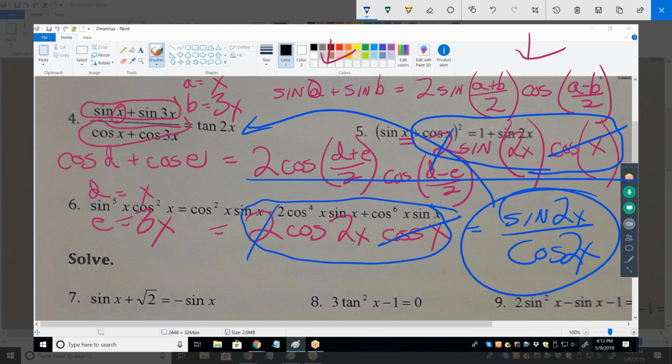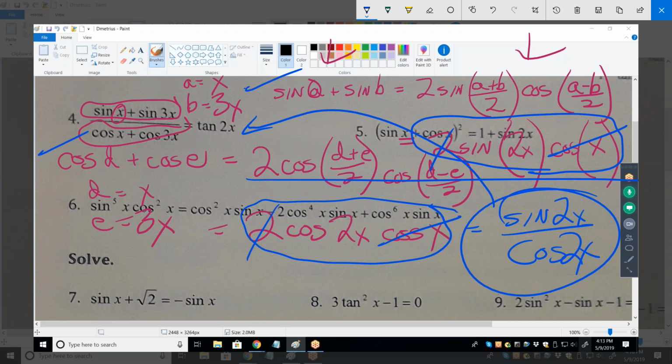So, this was very doable as long as we memorized that formula and this formula. I guarantee you there's only going to be one question on your test that involves this.